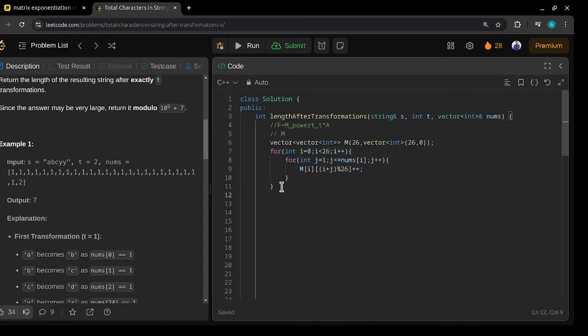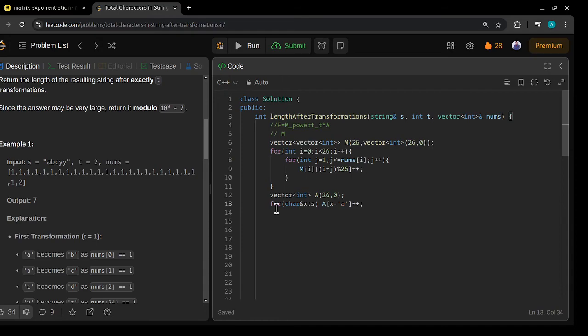And I also have to form the vector A. It is also going to take size 26, initially all 0, and for every character in S I can fill this array as A of that character increases by 1.